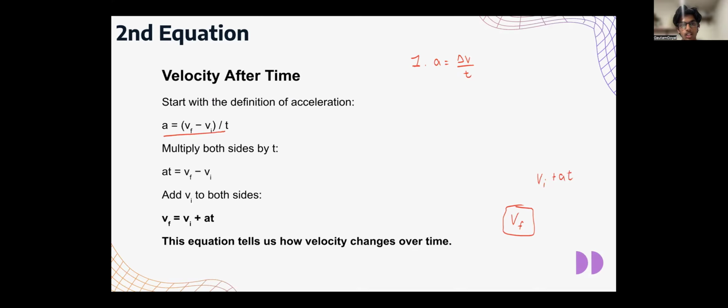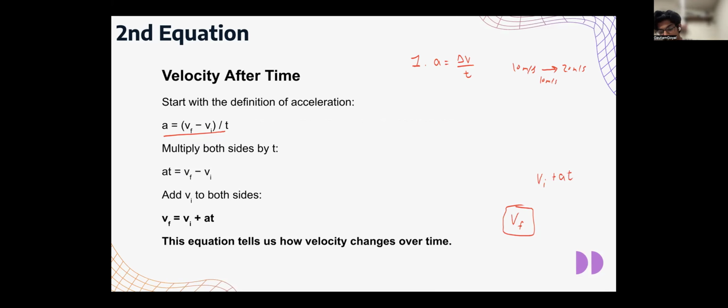If someone starts at 10 meters per second and they move to 20 meters per second, that is 10 meters per second of a change, right? They went 10 meters per second faster, right?